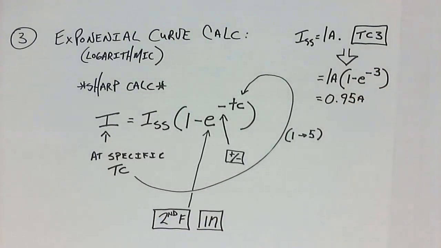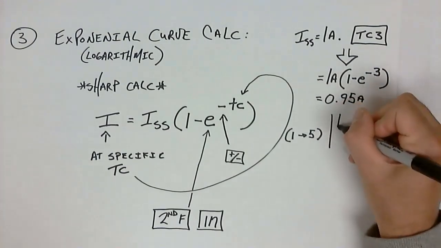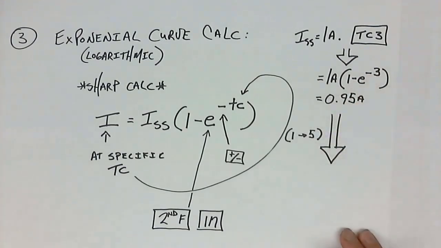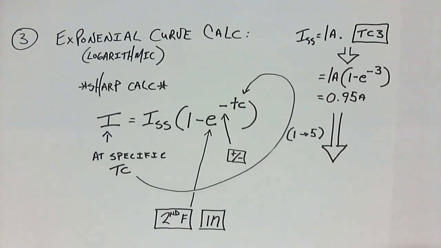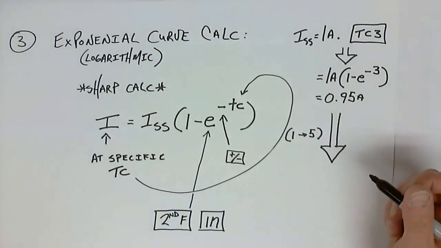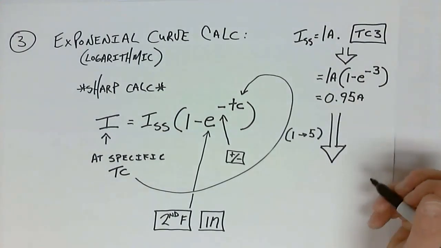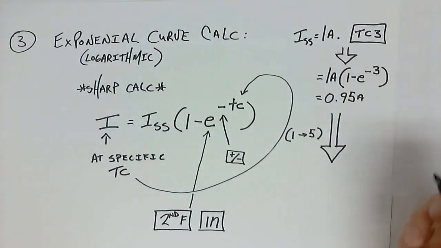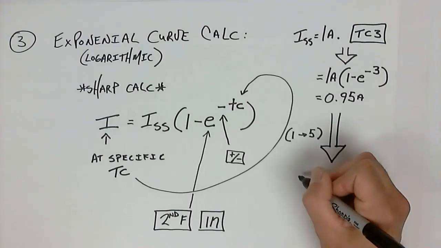Well, is that going to give me the same current value as memorizing the percentages? Oh yeah, for sure it will. This one is just easier to accomplish every single time. So let's say we use the percent function instead. The percent for the third time constant is 95%.